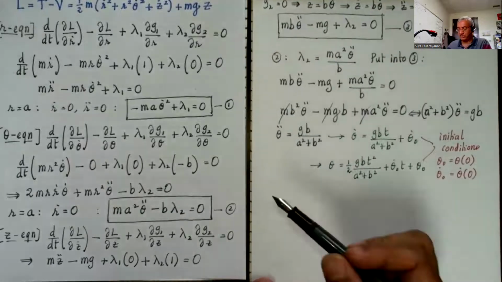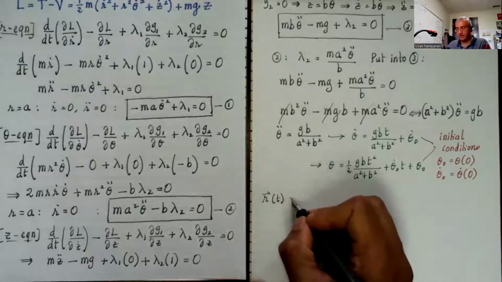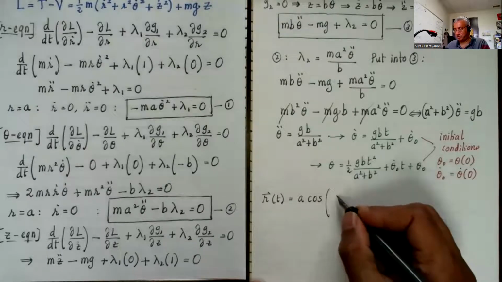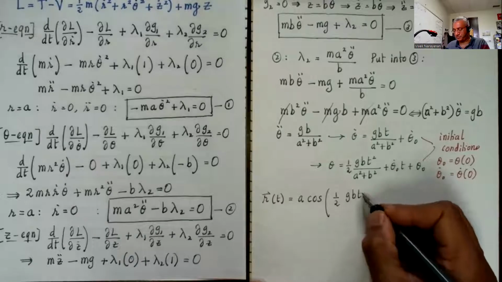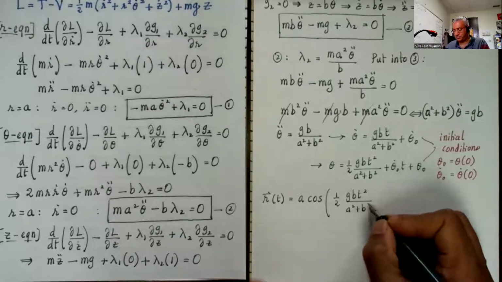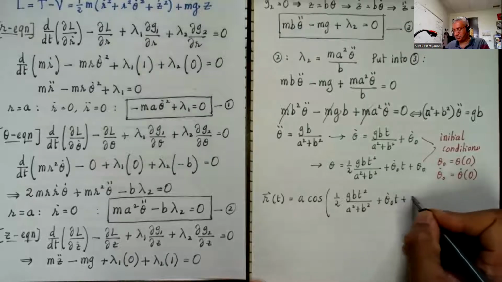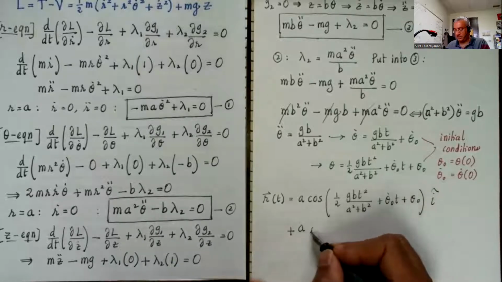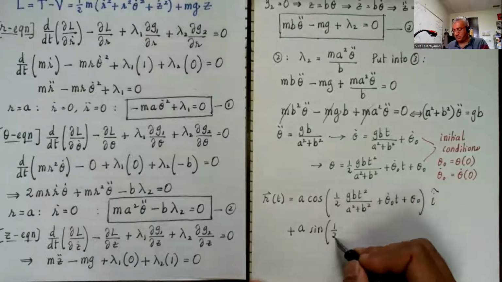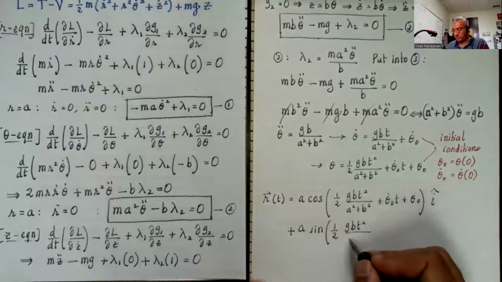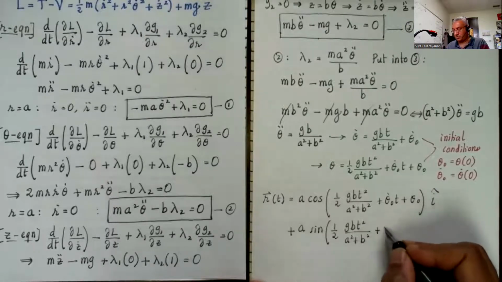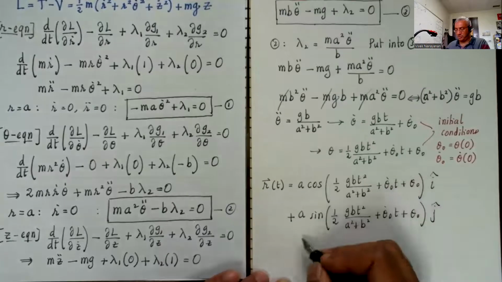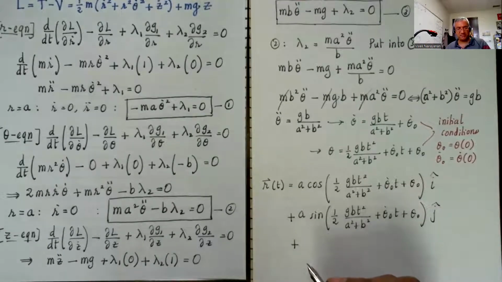So let's write down the answer. R as a function of t is going to be a cosine that plus a sine, and then b has got, where is that?